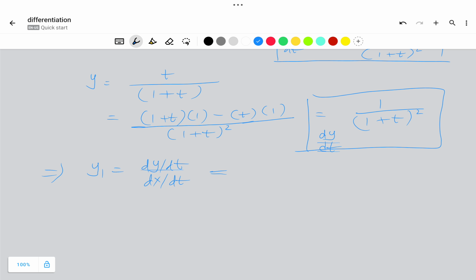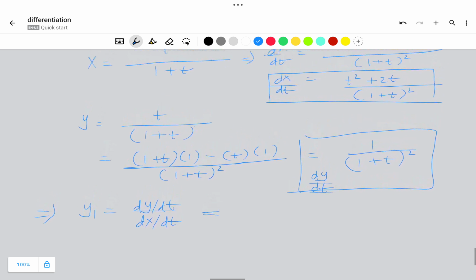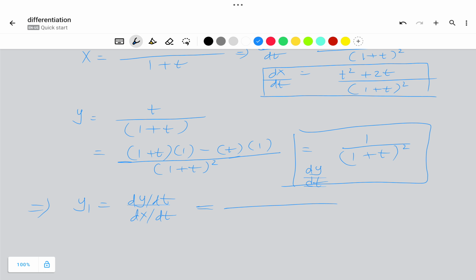So this would be dy by dt, which is 1 upon 1 plus t the whole square, and dx by dt is t square plus 2t upon 1 plus t square. So this would be cancelled, this would be cancelled, and we will be left with 1 upon 2t plus t square. This is our first order derivative.